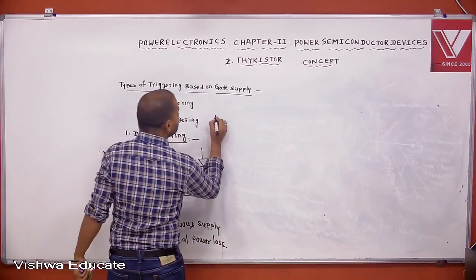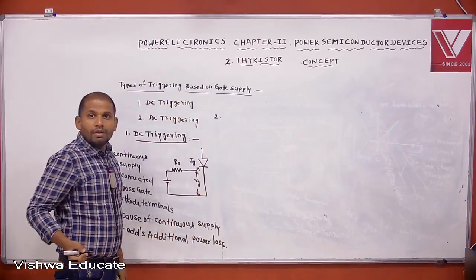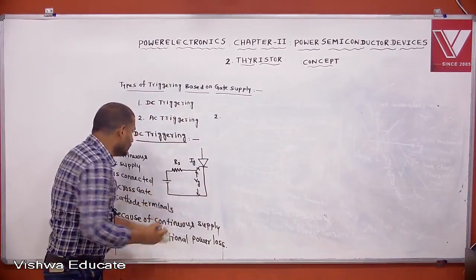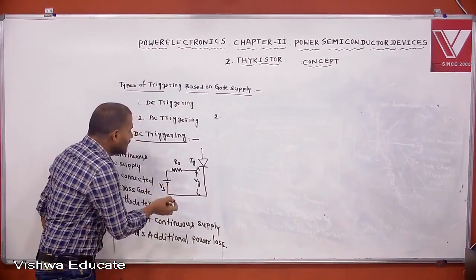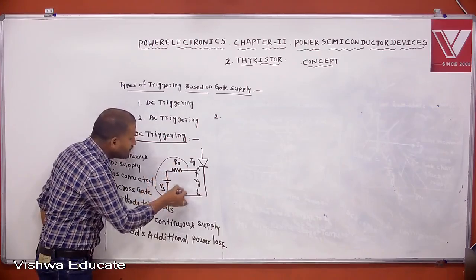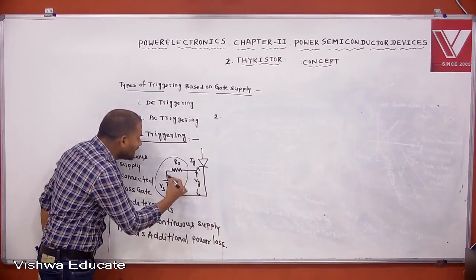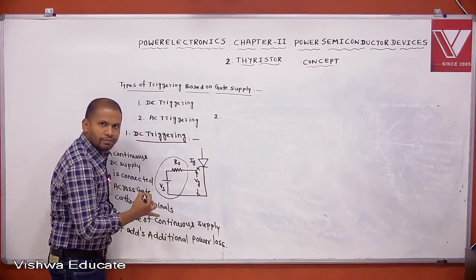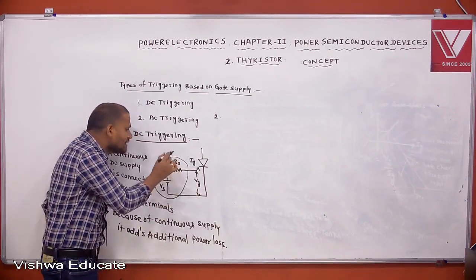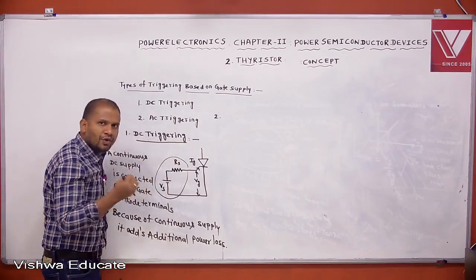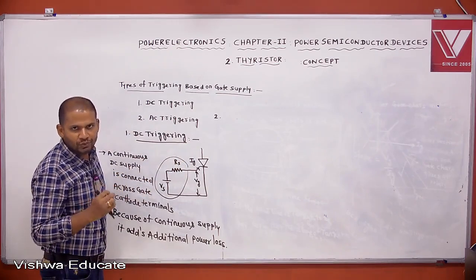Second one: is there any isolation between the power circuit and the gate terminal? This is the gate supply we are giving, and this is the gate terminal. There is no isolation between the gate terminal and the power circuit. If there are any fluctuations in the gate supply, that directly affects the gate terminal, and then the gate will be damaged because the gate is more sensitive.